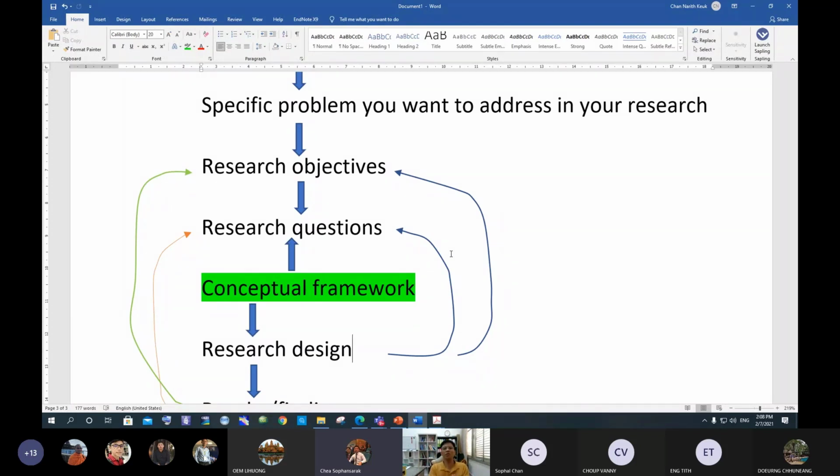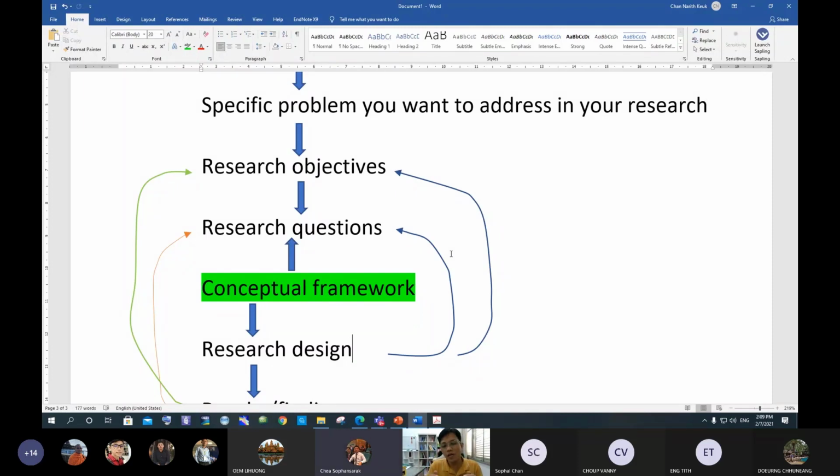That's why if you conduct a quantitative research study, you must be very careful from the beginning, because quantitative design is linear, which means you go from step 1 to step 2, step 3, step 4, step 5, step 6, step 7. You cannot go backward. But qualitative research design is not linear, but backward and forward.